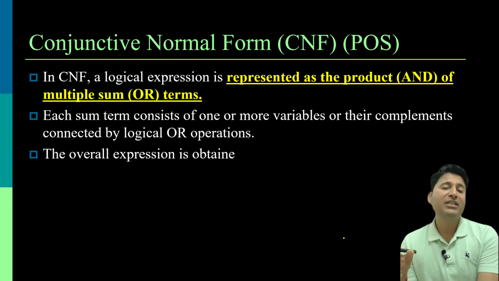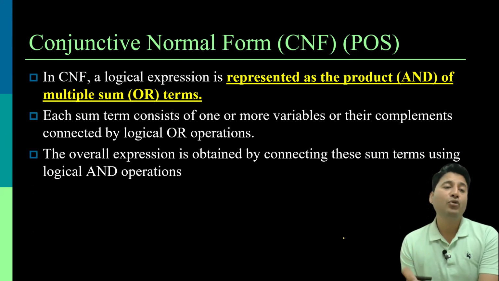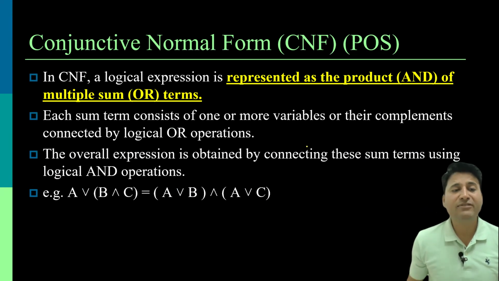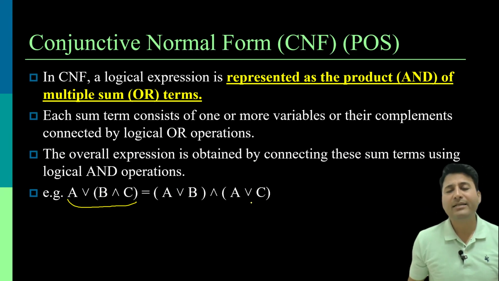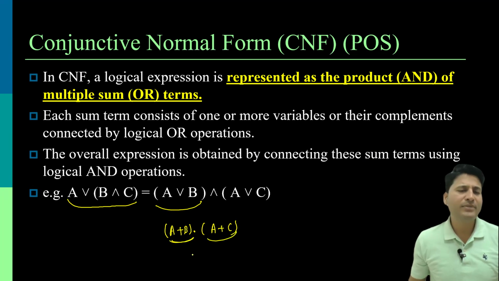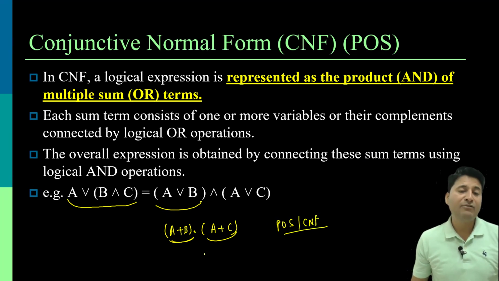The overall expression for a CNF is the product of those sum terms. For example, as we did in the last one, if I take A or B and C, applying the distributive law, it looks like this. So this is A or B, where or means plus and means dot, A or C. So this is one of the sums, this is one of the sums, and when multiplied, what we call it is product of sums or CNF, conjunctive normal form.